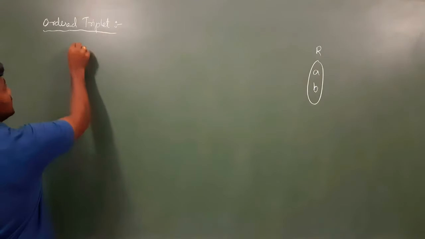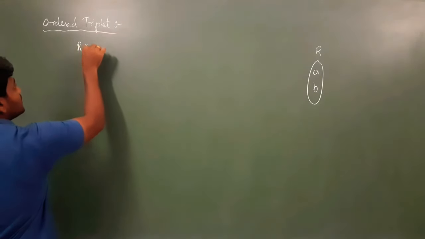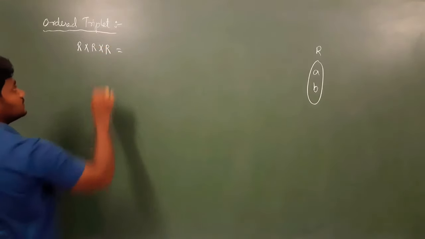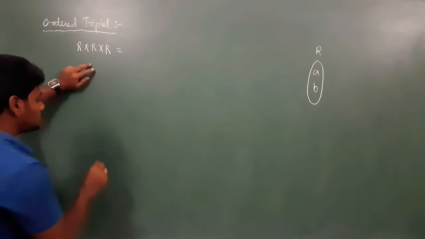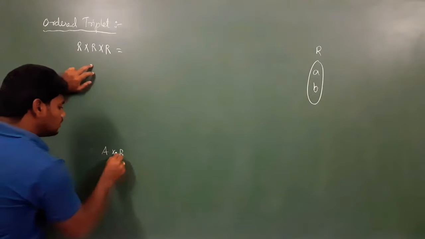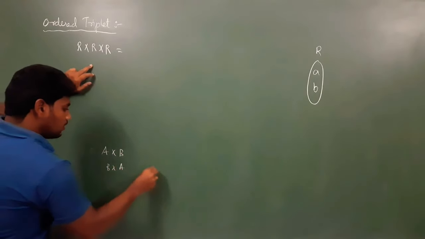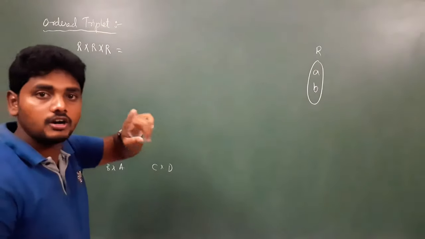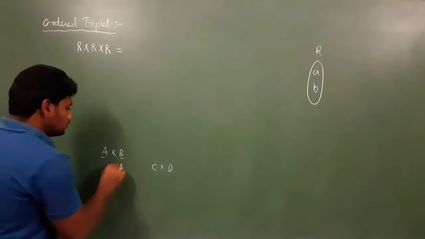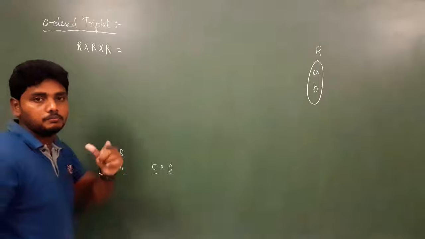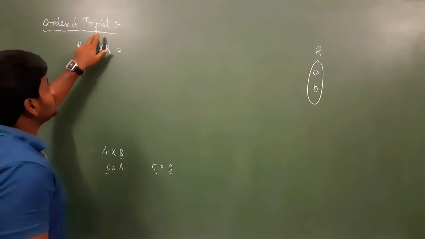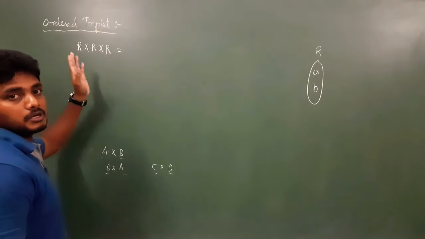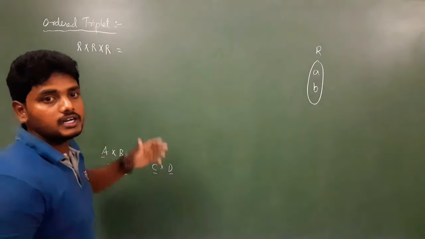If we do R cross R cross R. If we do A cross B or B cross A or C cross D, what will we get, ordered pairs or ordered triplets? Ordered pairs will come. Why? Because two sets are there. To get an ordered triplet, we need 3 sets, nothing but the product of 3 sets will give ordered triplets.